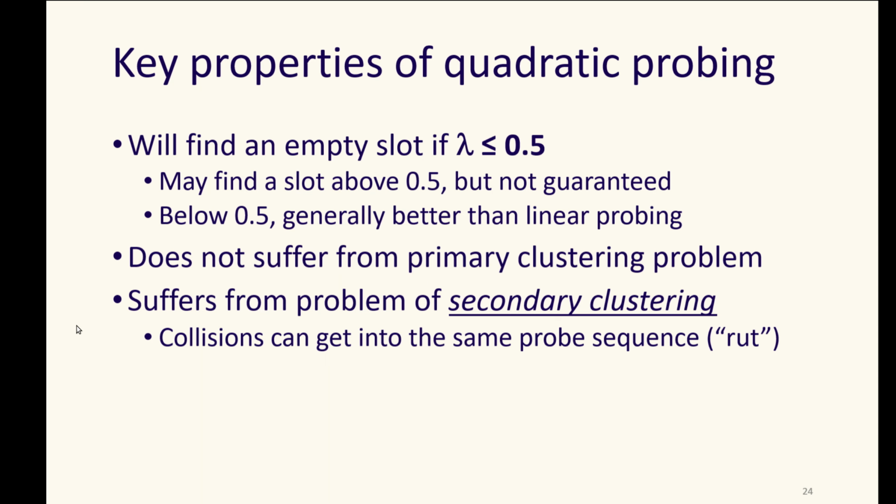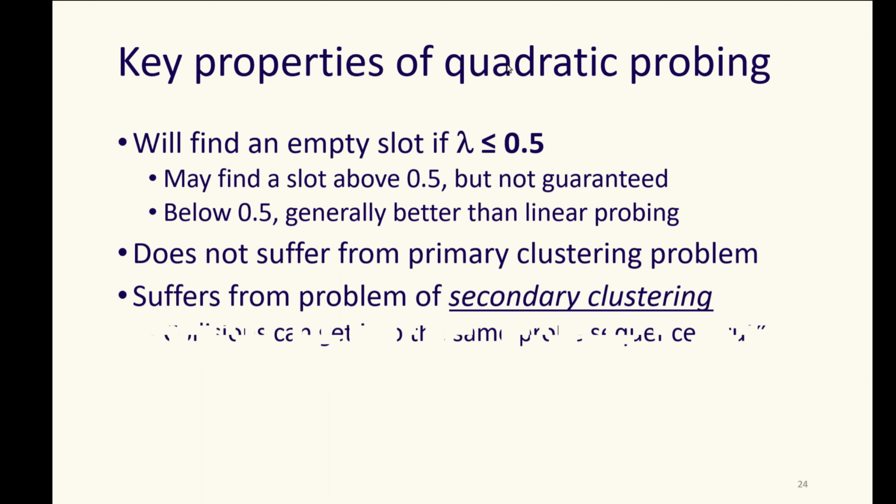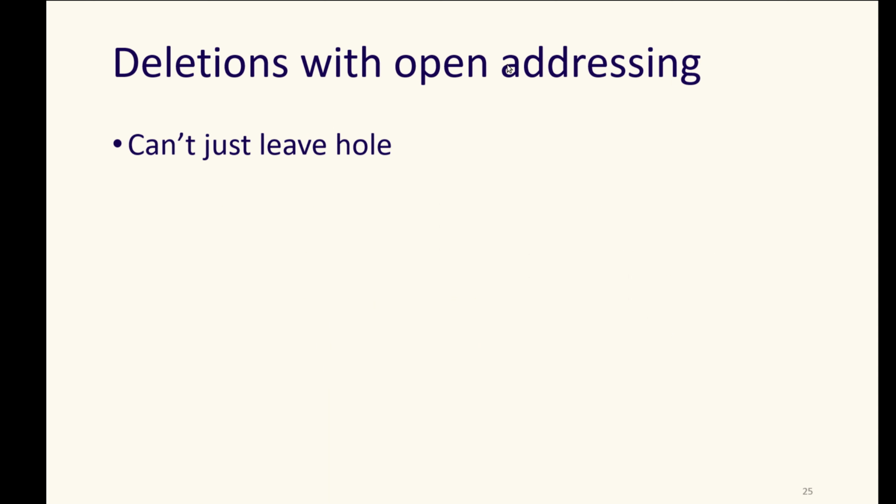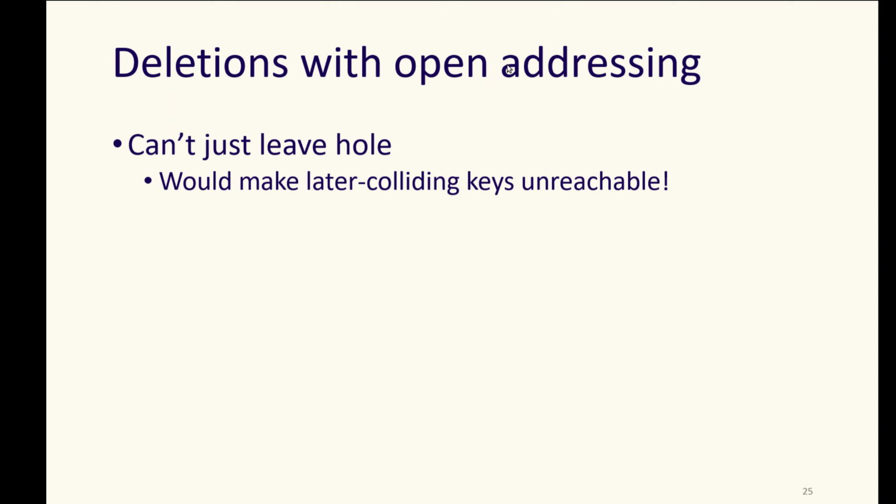The other problem that happens with open addressing is that we cannot just leave a hole when we're trying to delete something, because we then might not find those later colliding keys that we had inserted in there. Because we'll keep looking so long as we see keys that match our hash that we're looking for.